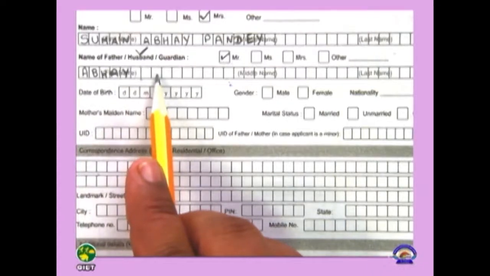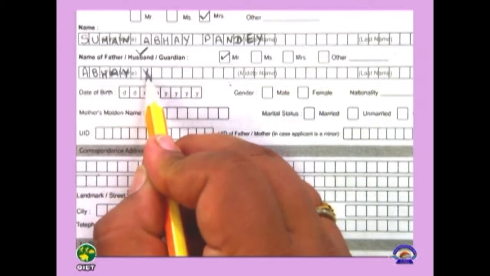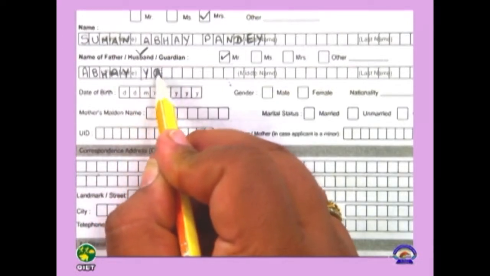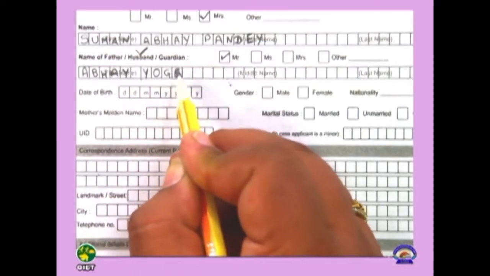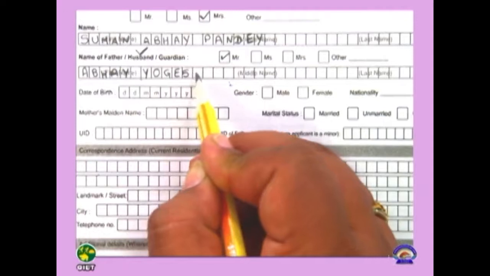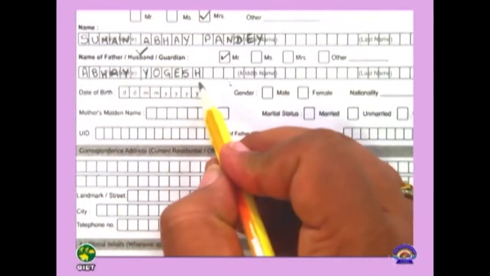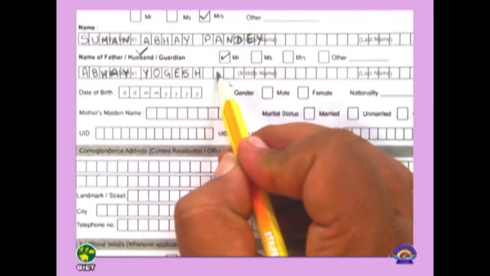Now write the middle name. Y O G E S H. Yogesh. Leave one box and write the surname.